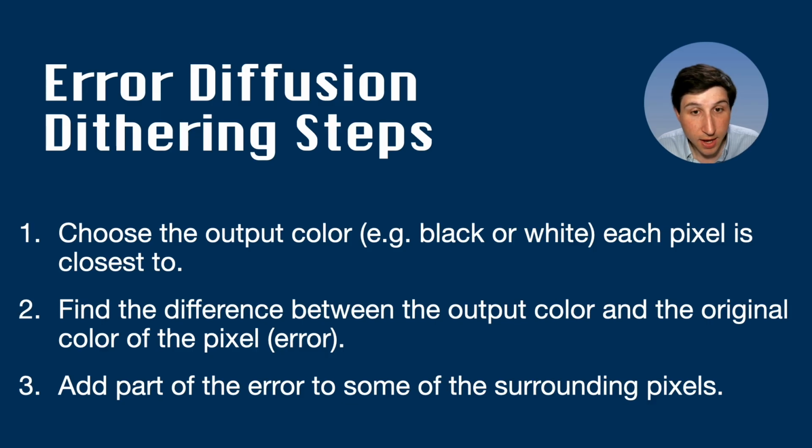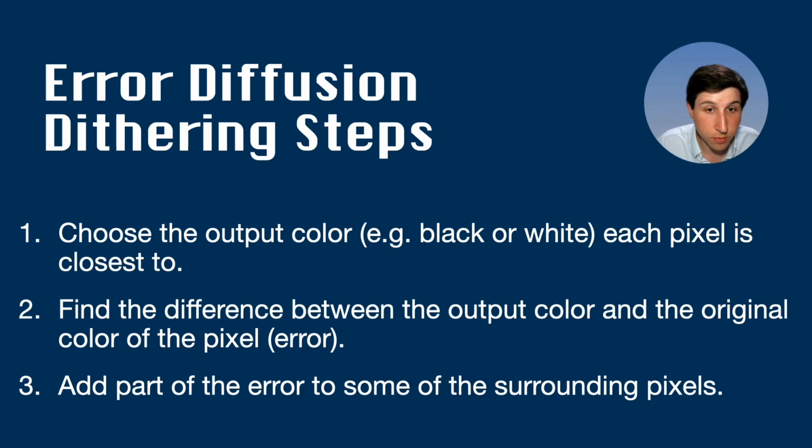And then the last step is we're going to diffuse some of that error to surrounding pixels. That's how you get this kind of smoothing effect with error diffusion dithering algorithms, because you're taking how far you were off and saying, okay, let's use some of that offness on the pixels around us so that that offness kind of disperses and it isn't just lost. It's not just lost information. In threshold, it was totally just lost information.